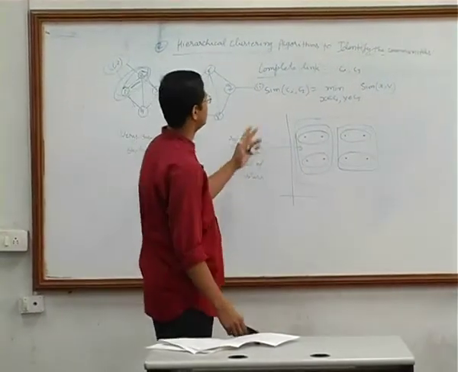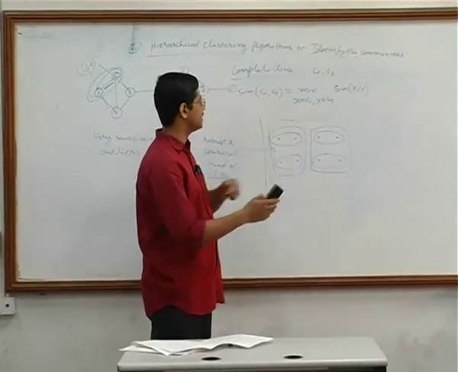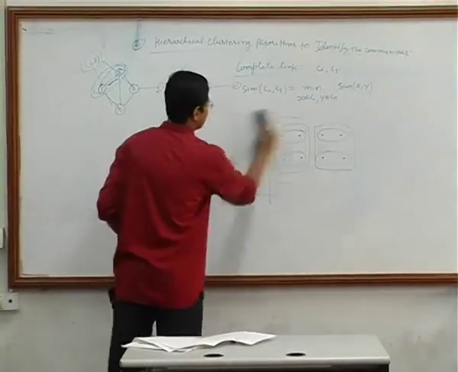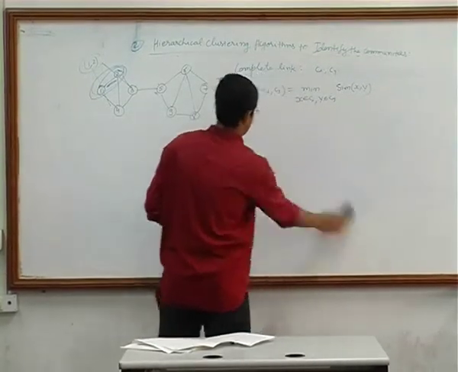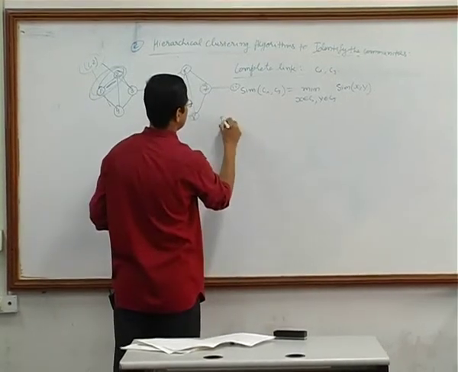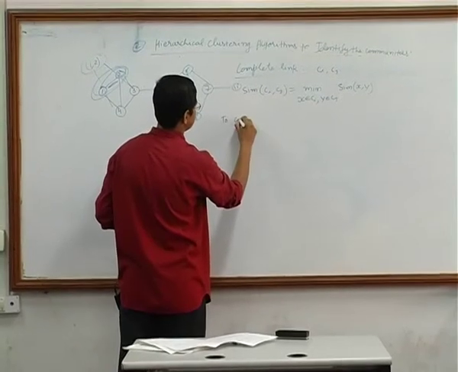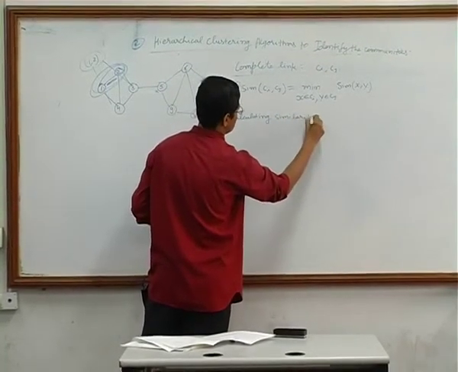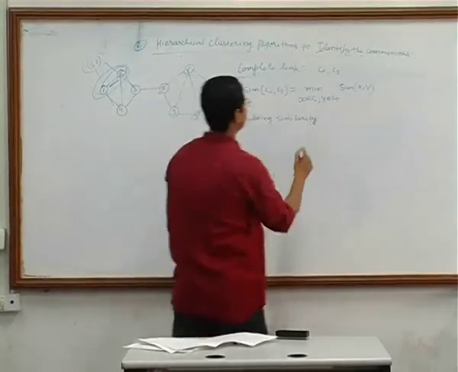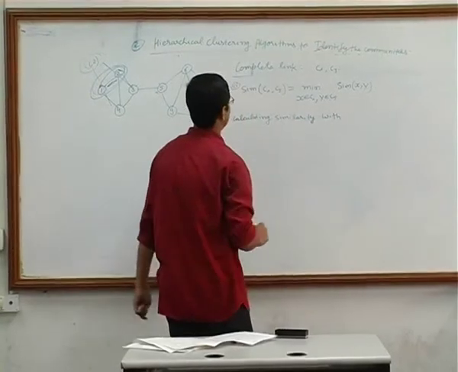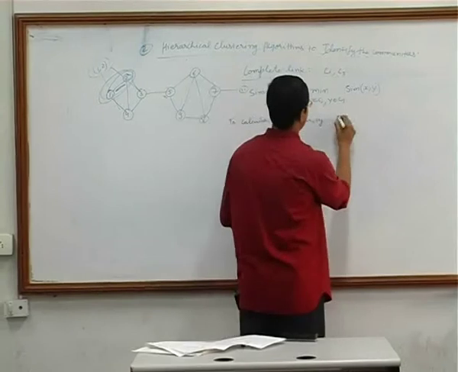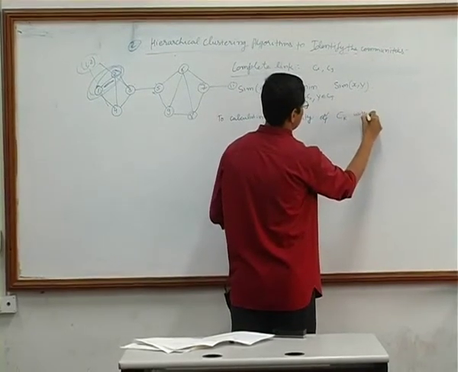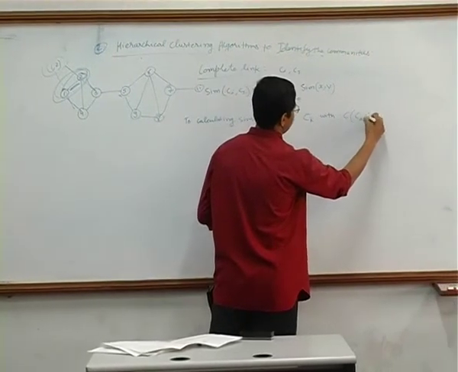Now another step: after merging two cluster pairs, suppose we want to merge another cluster Ck in this set, then how will I go? Calculating the similarity of cluster Ck with Ci and Cj.